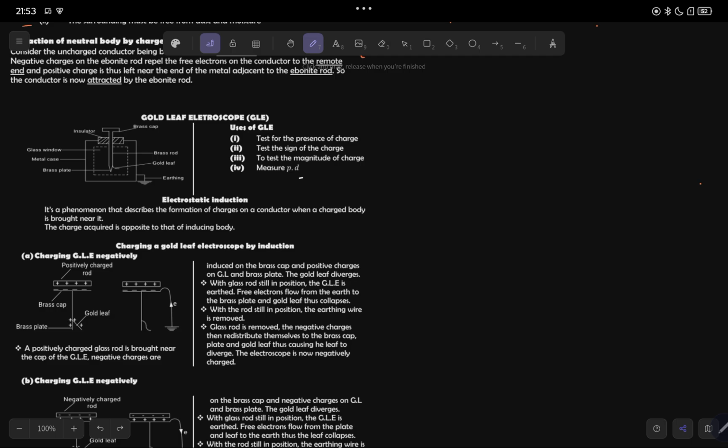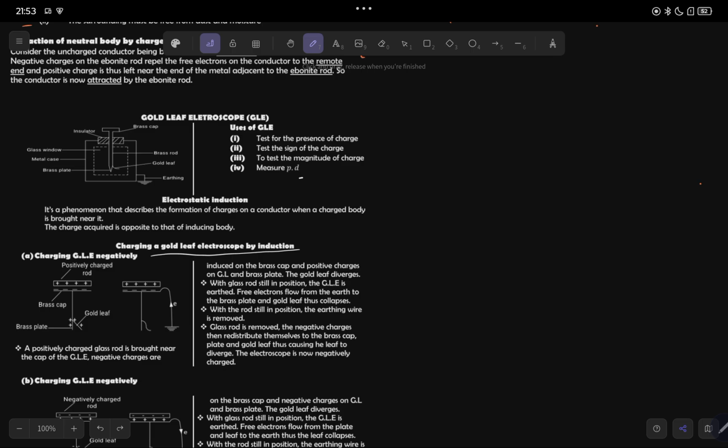Charging a gold leaf electroscope by induction. We want, in part A, to charge the gold leaf electroscope negatively.